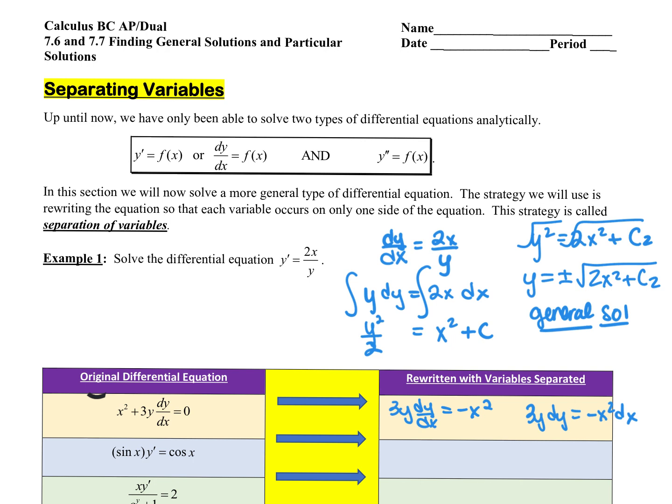Go ahead and compare what you did for those two with your table. Compare how you separated your variables, what you ended up getting. Takes a minute to get used to, so don't fret.